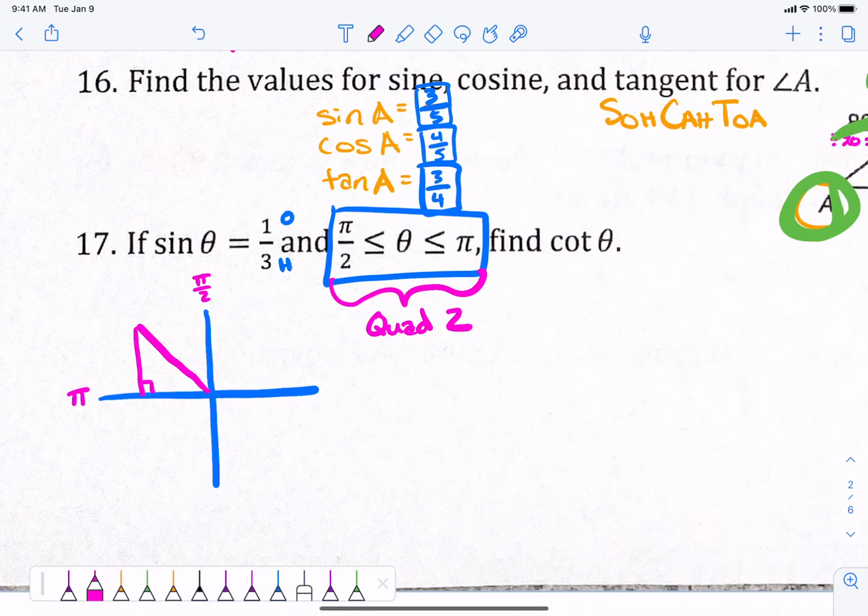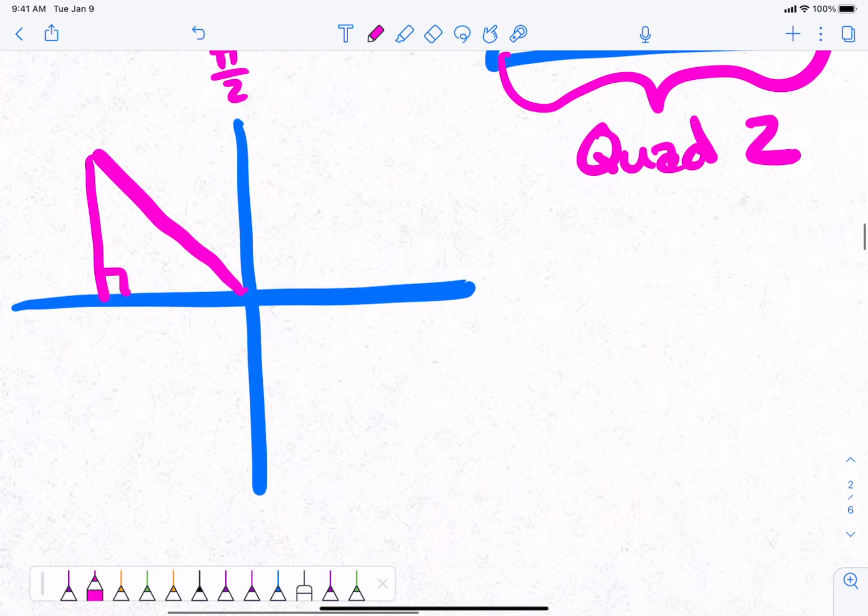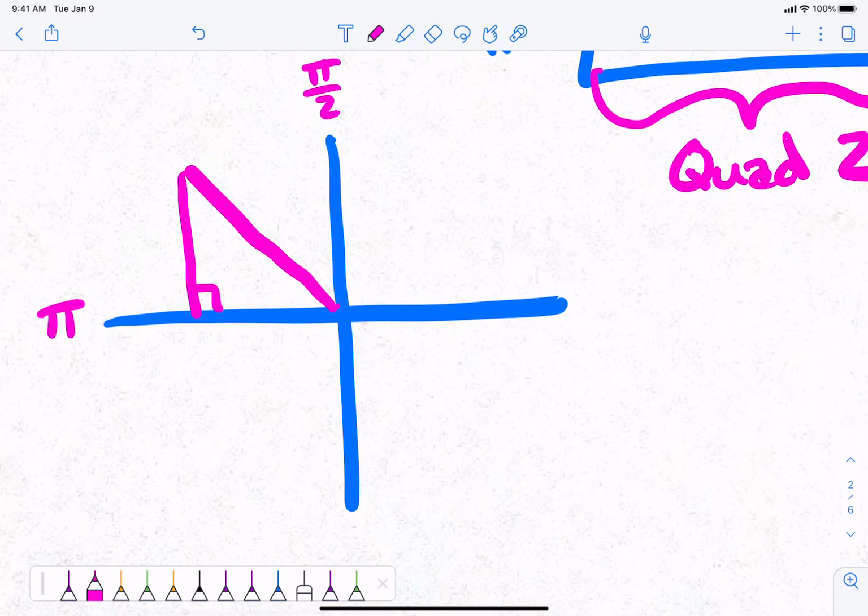Here's my angle. Okay, and then we can label that thing, and we know that the opposite side is 1 and the hypotenuse side is 3. Okay, so which side is the opposite? This is where angle theta lives, right? So opposite would be 1, hypotenuse would be 3, right?